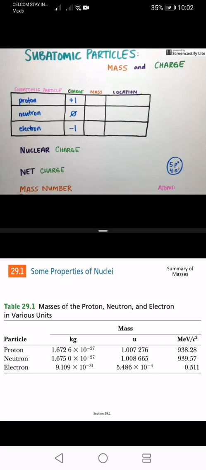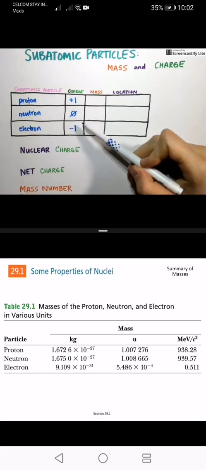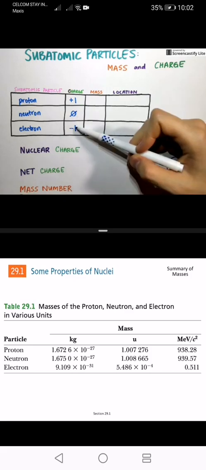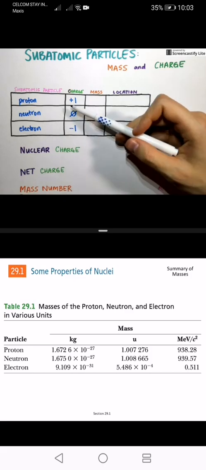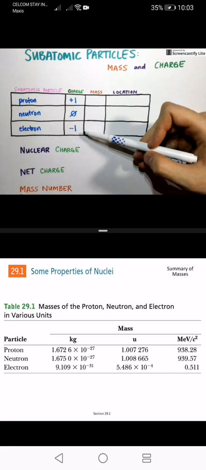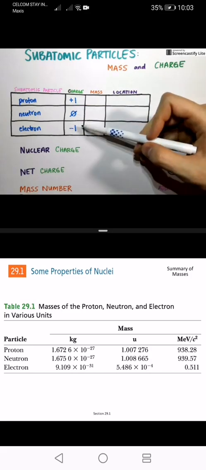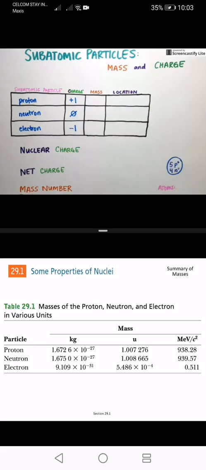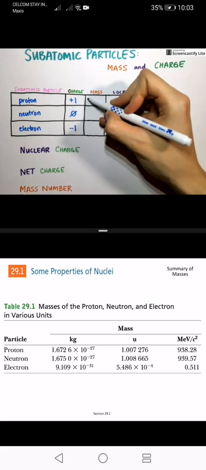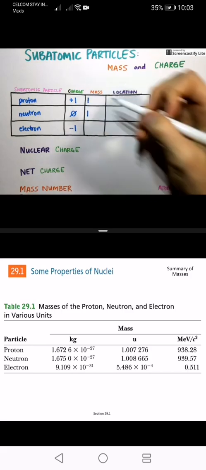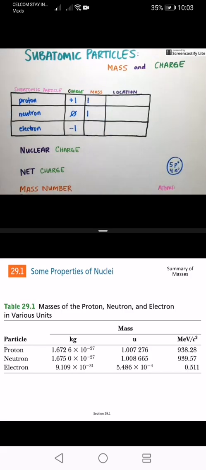The neutron is the neutral particle that exists alongside the proton that helps to make the nucleus such a small, dense sphere that was able to deflect those alpha particles from Rutherford's experiment. And the electron is the negatively charged subatomic particle that J.J. Thomson discovered when he did his experiments with the cathode ray tubes.